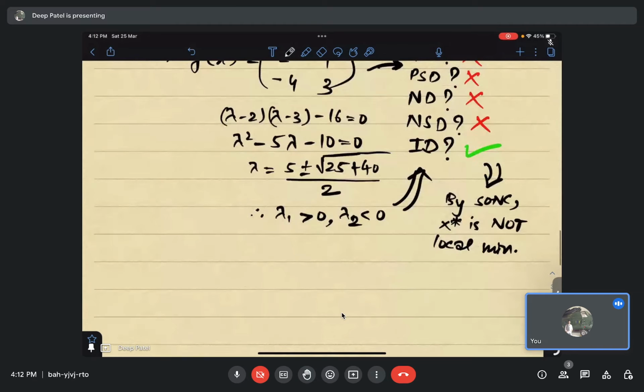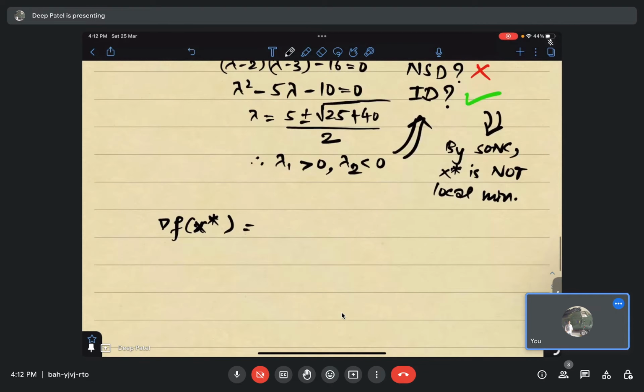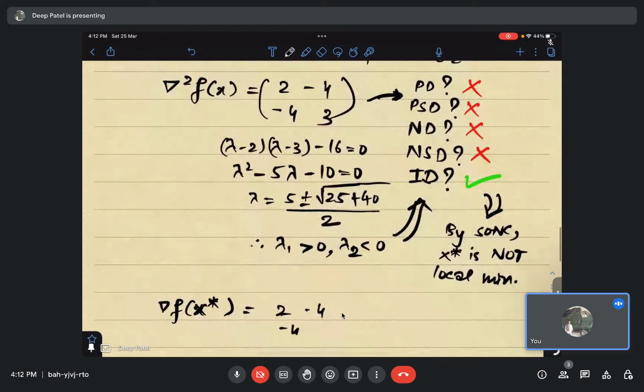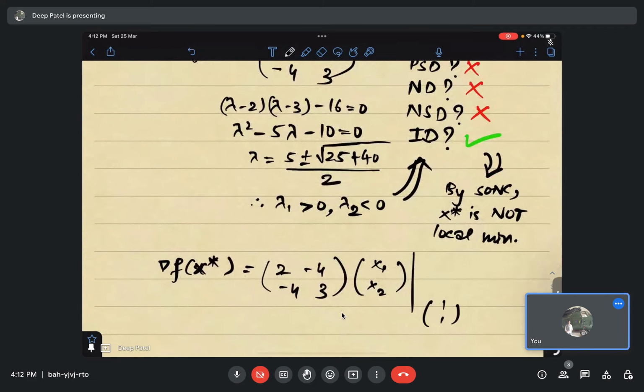So by the second order necessary condition, x star is not a local minimum. We can even do something simpler. We can just take the gradient of f at x star, which will be simply 2 minus 4 x1, x2 at (1, 1).